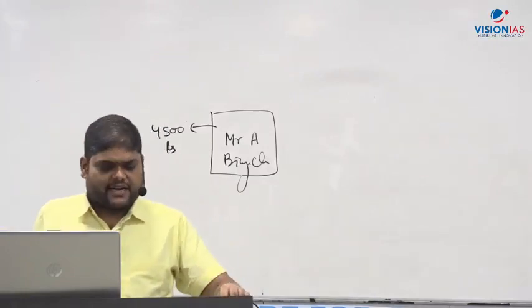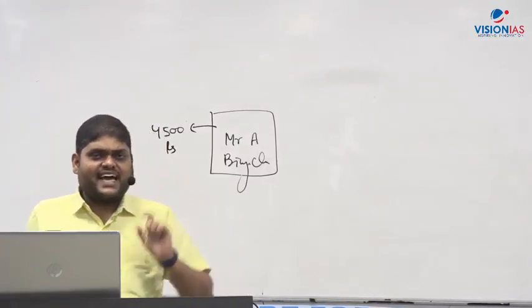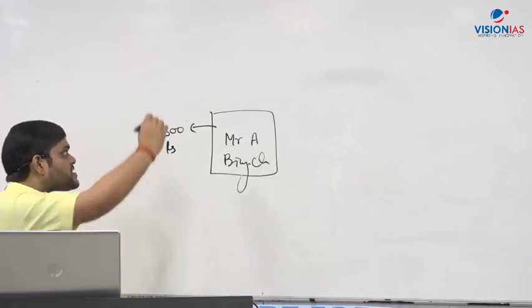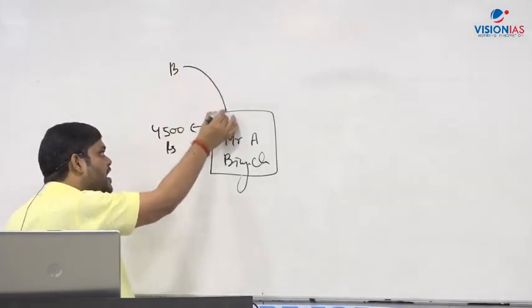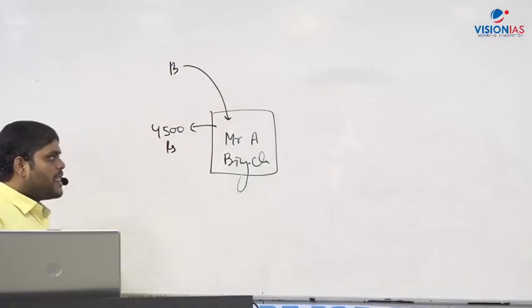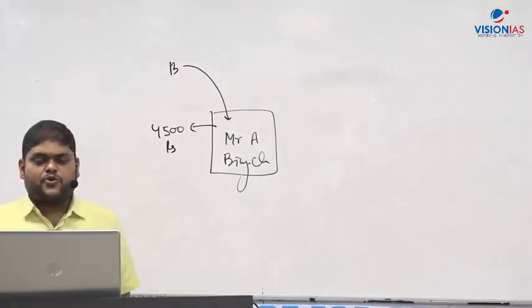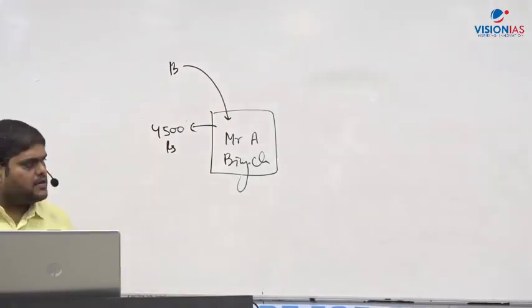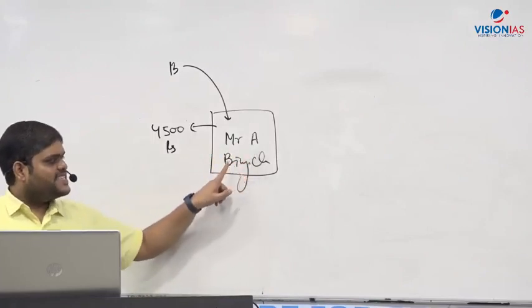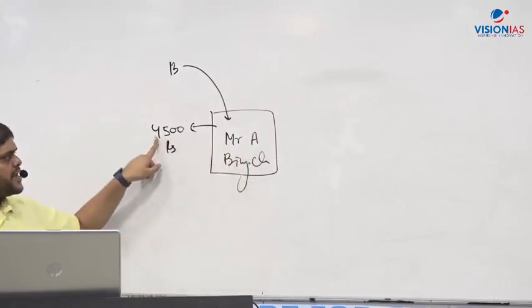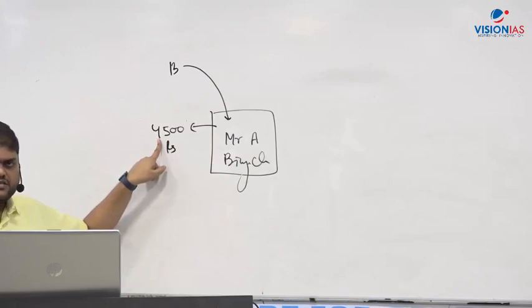He's thinking like that. On that day, a customer, suppose Mr. B, who is a tourist, came to Mr. A. Mr. A is selling a bicycle whose cost price is 4,500 rupees.